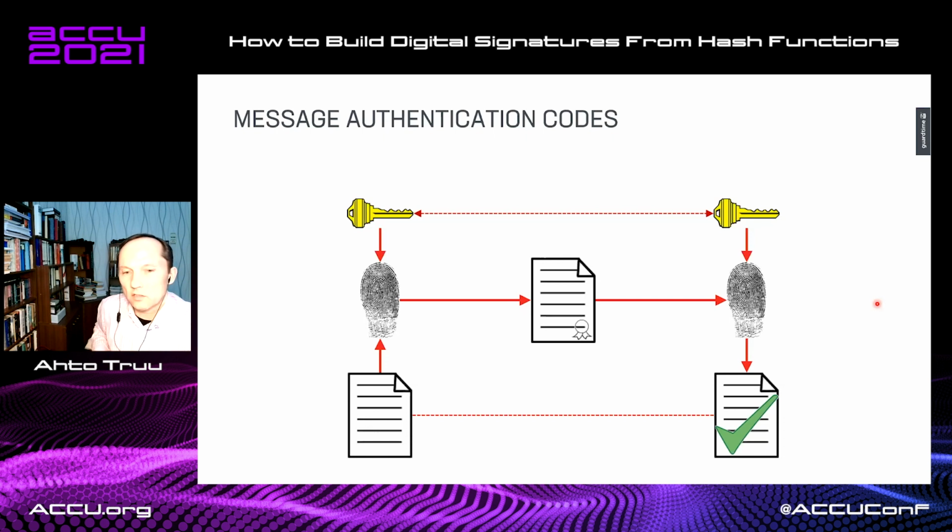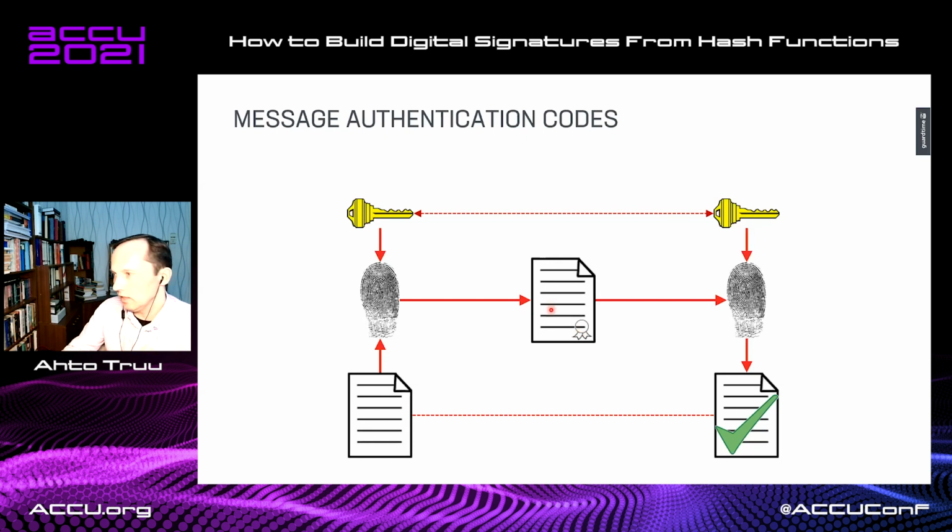And if you think about it for a moment, it should be pretty clear that this is actually a secure thing. Assuming the attacker does not know the key, if they want to change the document here, and recompute the corresponding tag, they would have to apply the hash function to the combination of the modified document and the key.